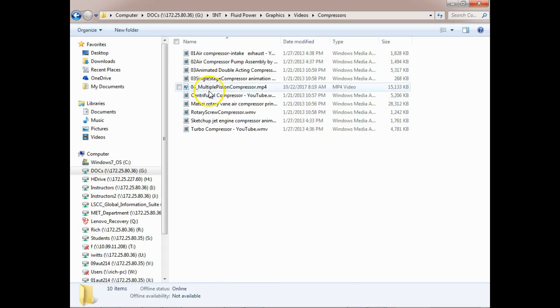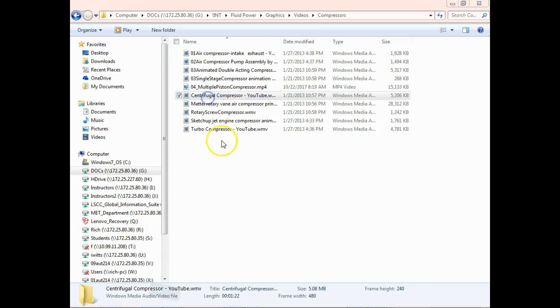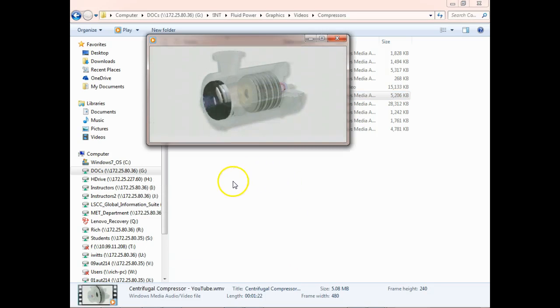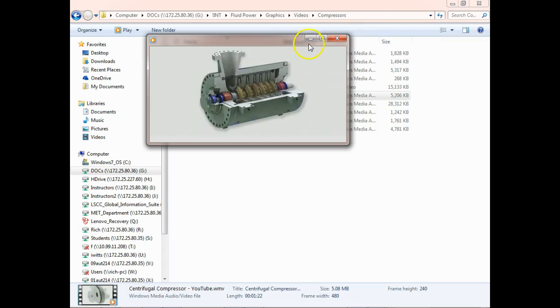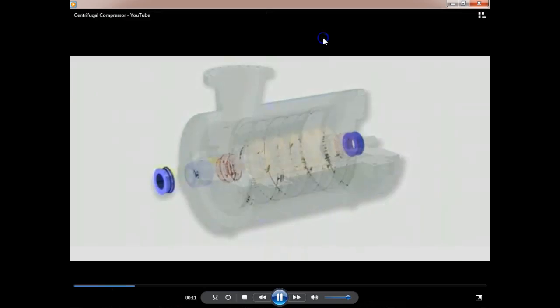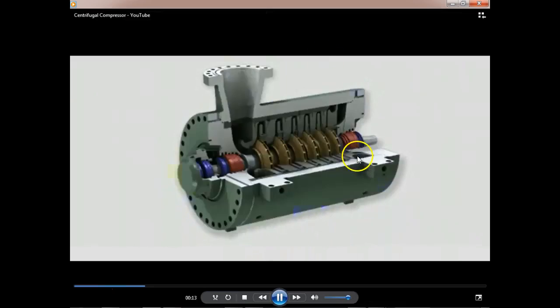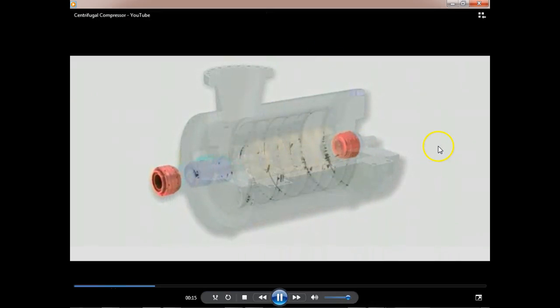So this is a single stage compressor. This would be a multi-piston. I think we've already looked at that. This is a centrifugal compressor. And it's got how many stages? About 1, 2, 3, 4, 5, 6, it looks like. And all this is just taking it apart.